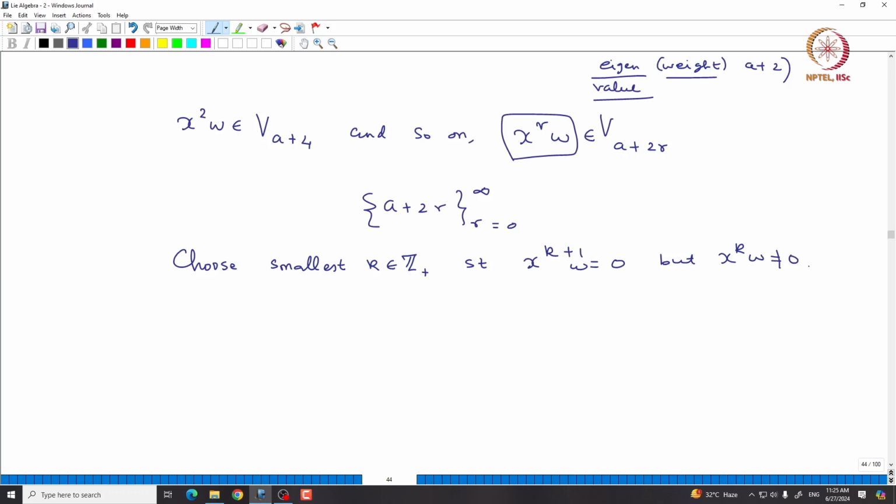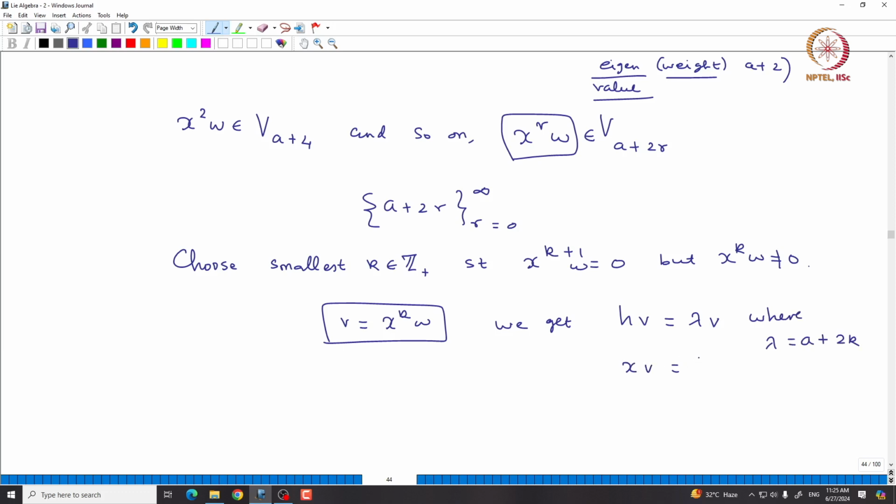So, now note that by replacing this x power k w by v, we get a highest weight vector, because hv becomes some lambda v, where lambda is given by a plus 2k, and xv, which is x power k plus 1 w, is 0. Okay. So, all we want is that there exists a weight vector which is killed by x. That is what we want.